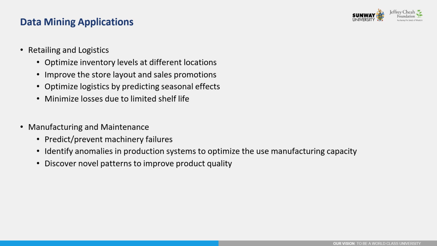So a lot of retail and logistic companies are actually using data mining to optimize inventory management at different locations, improve the store layout and the sales promotion, optimize logistics by predicting seasonal effects, and minimize losses due to limited shelf life.